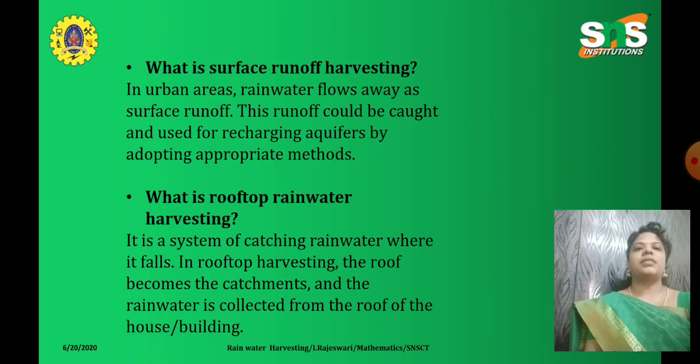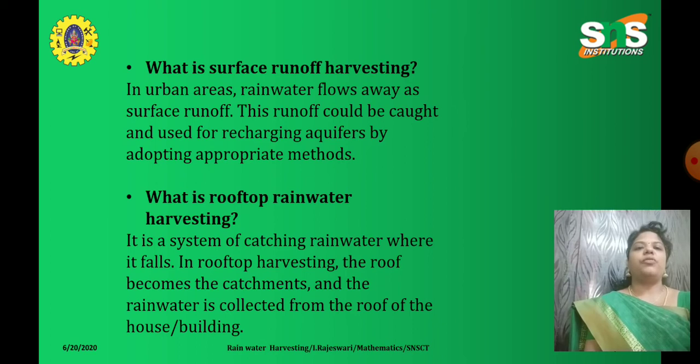What is surface runoff harvesting? In urban areas, rainwater flows away as surface runoff. This runoff could be caught and used for recharging aquifers by adopting appropriate methods. What is rooftop rainwater harvesting? It is a system of catching rainwater where it falls.